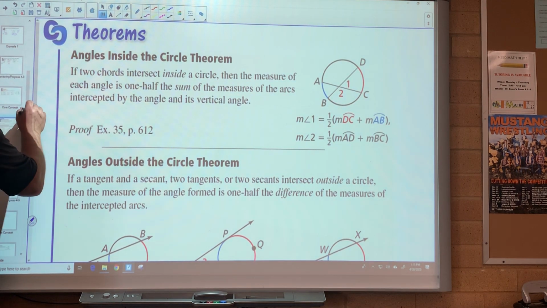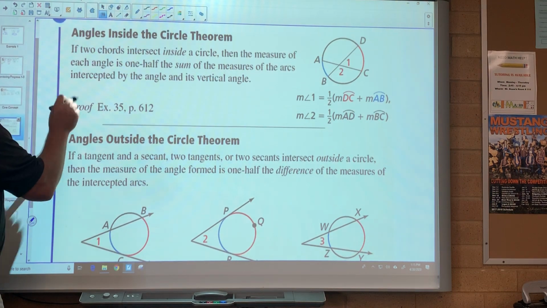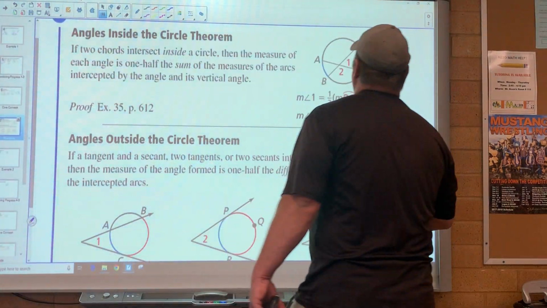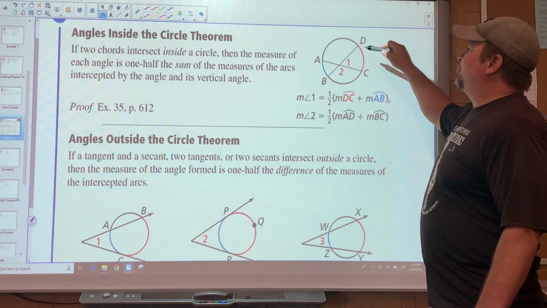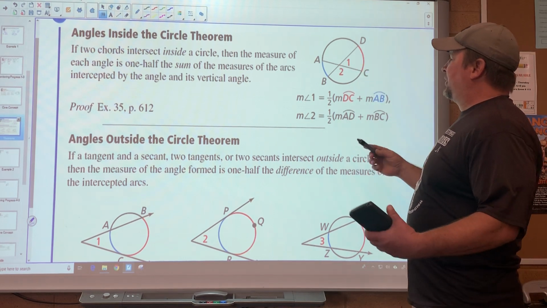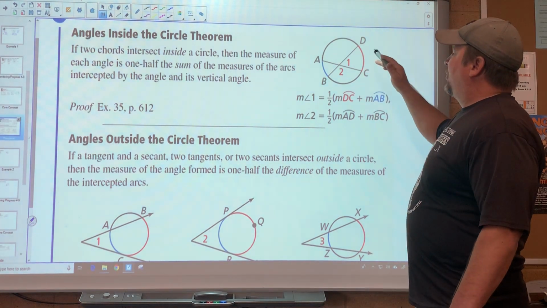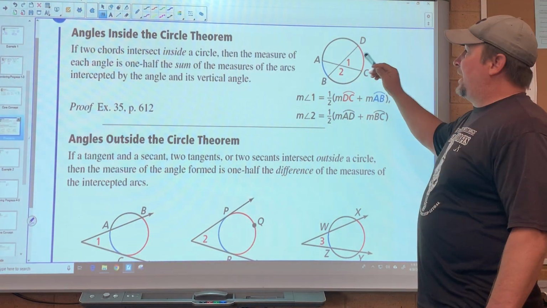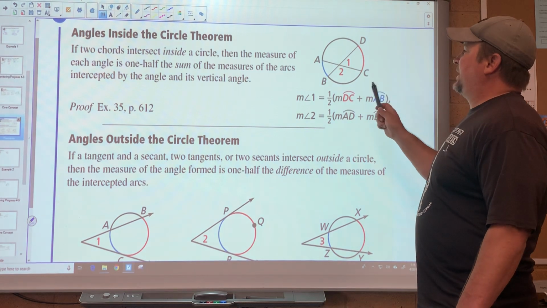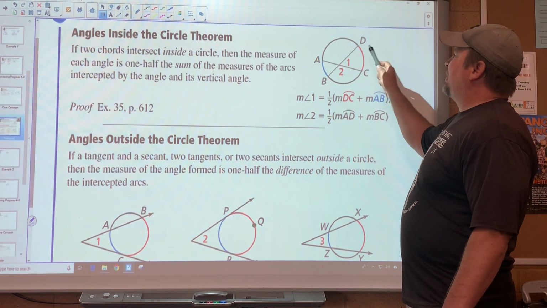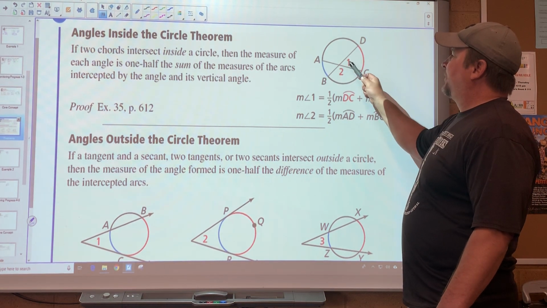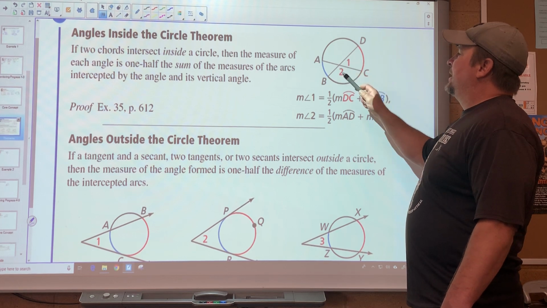Here's the rules. So this is the one where they're crossing inside. Okay? The 2 angles create 180 degrees. For sure. But angle 1 will always be, if I take the arcs that are created from angle 1, they're vertical angles.